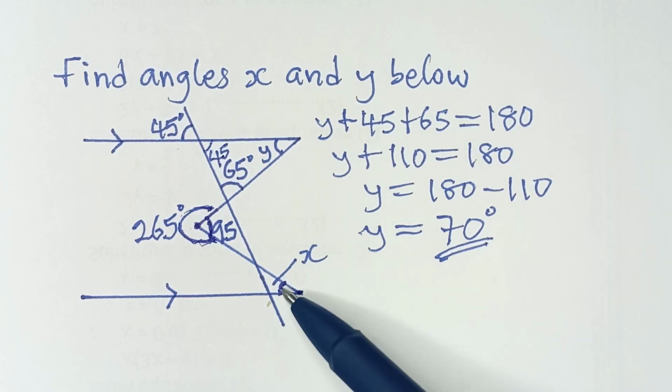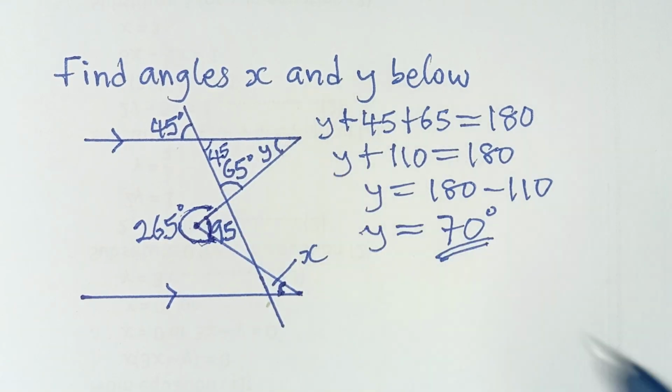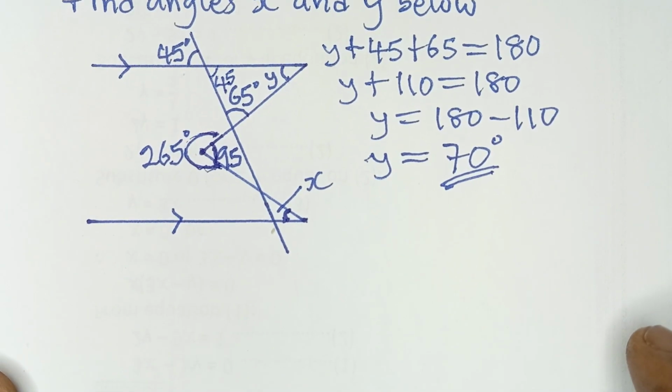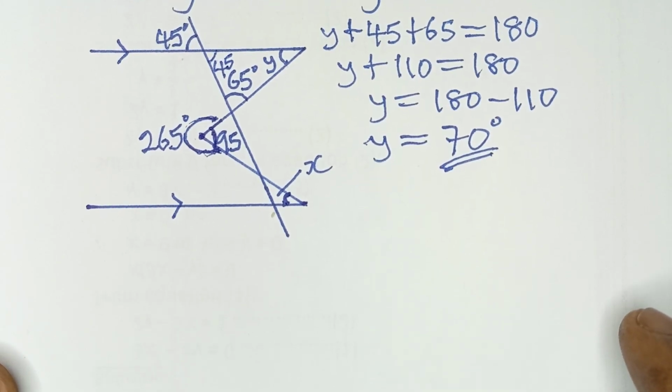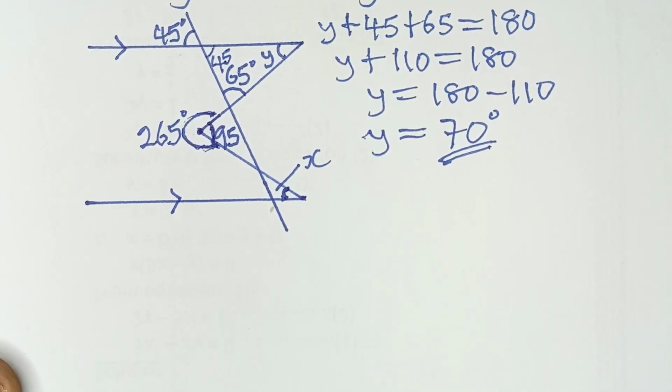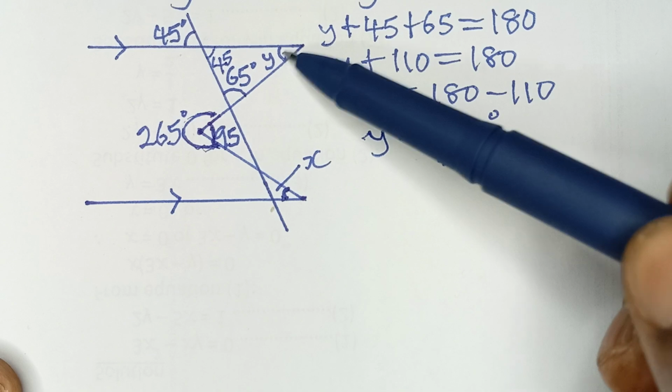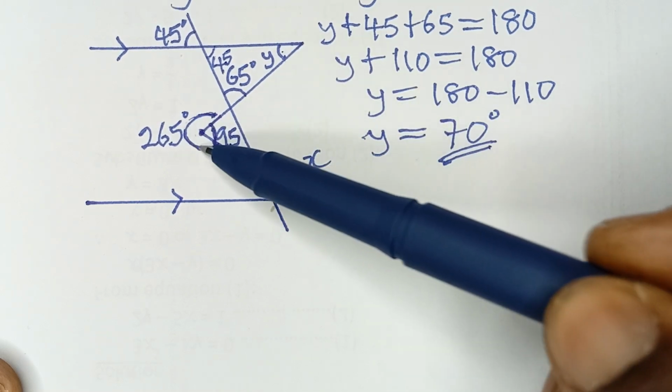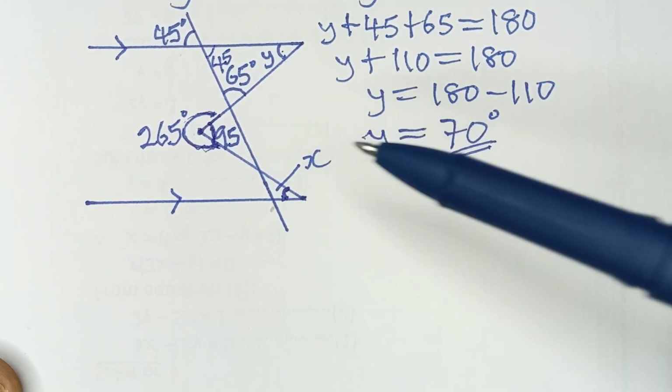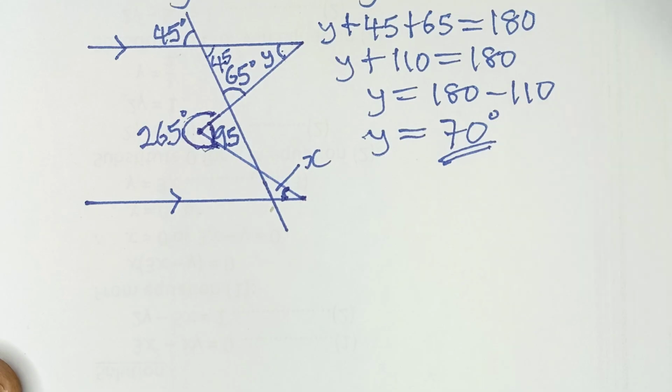And then these three angles should sum up to 360. That's the simple rule that we're going to apply there. So when you have parallel lines like this, take note of this simple rule: y plus this 265 plus angle x should give us 360. Take note of that rule.